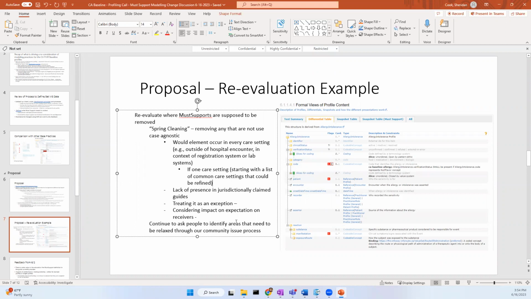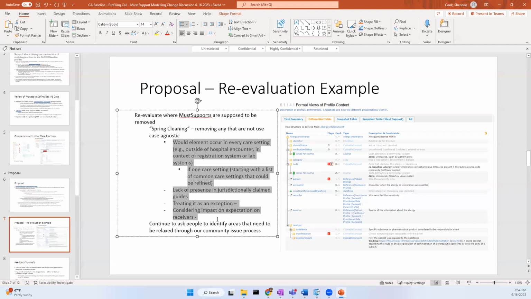Do we think that the set of rules that we have here are enough that if, as a profiling stream, we started to go through and did the spring cleaning that we spoke to, would get us to where we're looking to be or get us close? Or do we need to take more time as a community defining what these look like before we can execute on it?